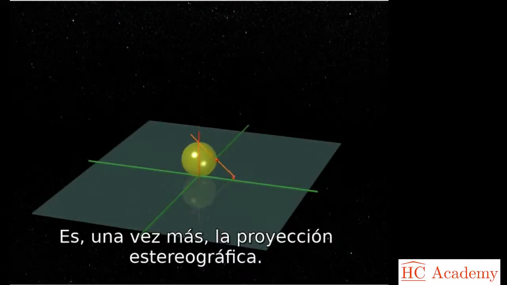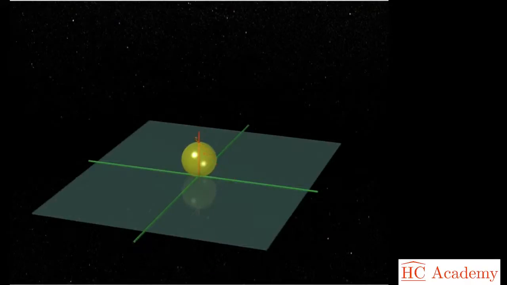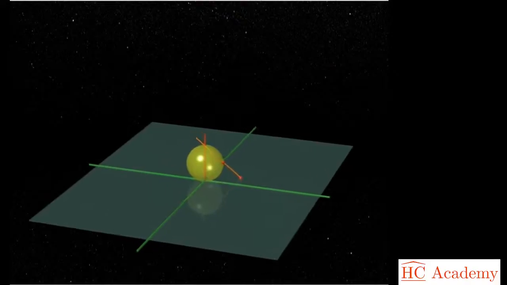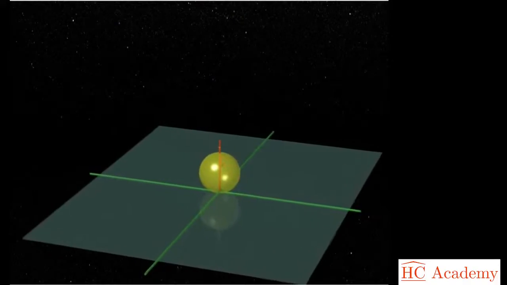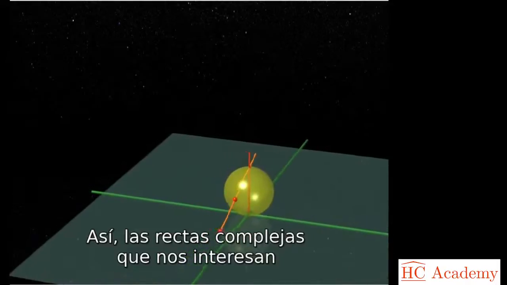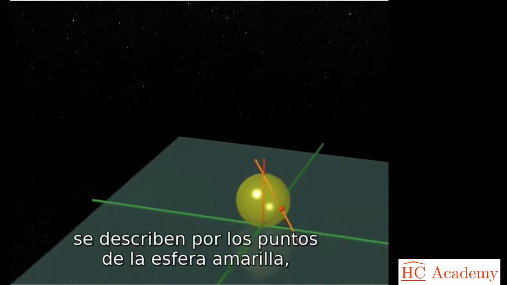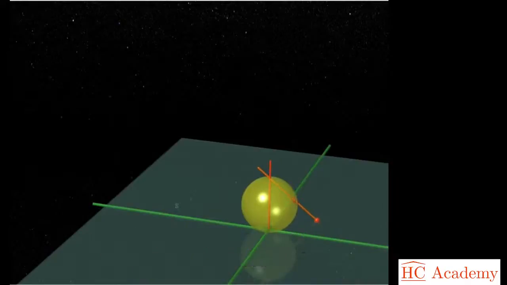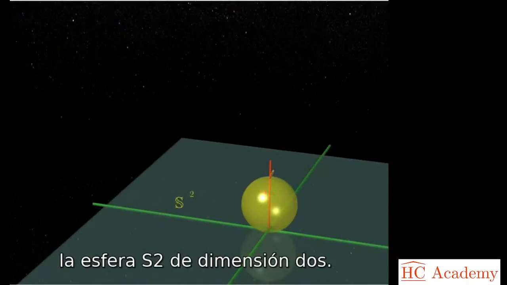Once more, this is stereographic projection. So the complex lines that interest us are described by points on the yellow sphere, the two-dimensional sphere S2.